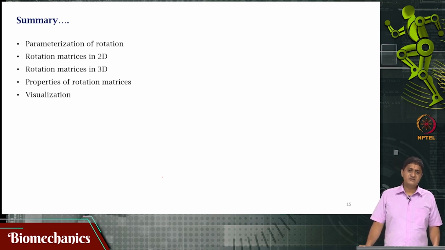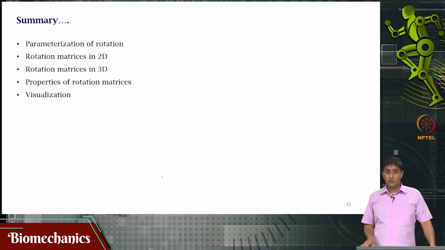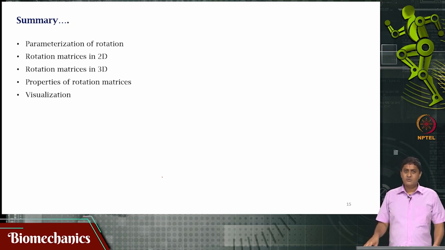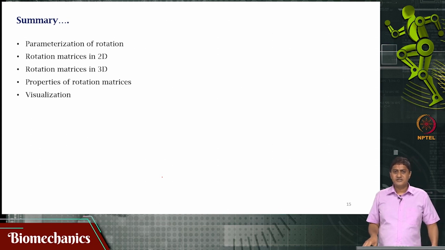We discussed some of the important or crucial properties of rotation matrices that we will take advantage of while solving problems. And we saw one example in which you can rotate a given shape and see how that appears after the given rotation. With this, we come to the end of this video. Thank you very much for your attention.